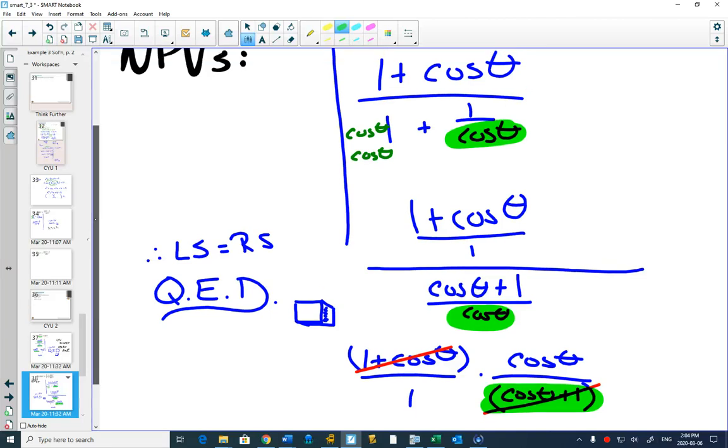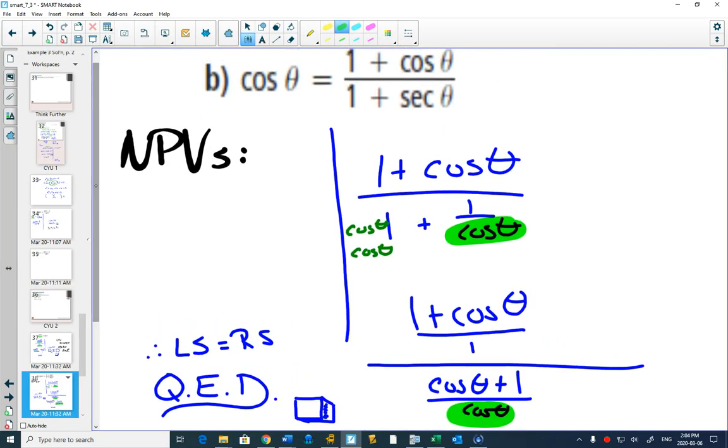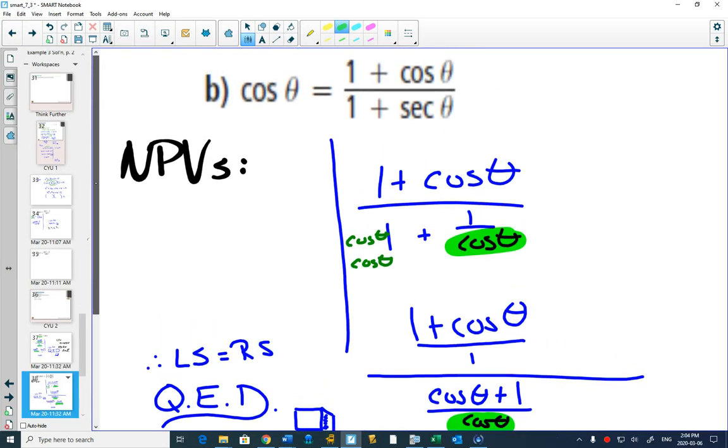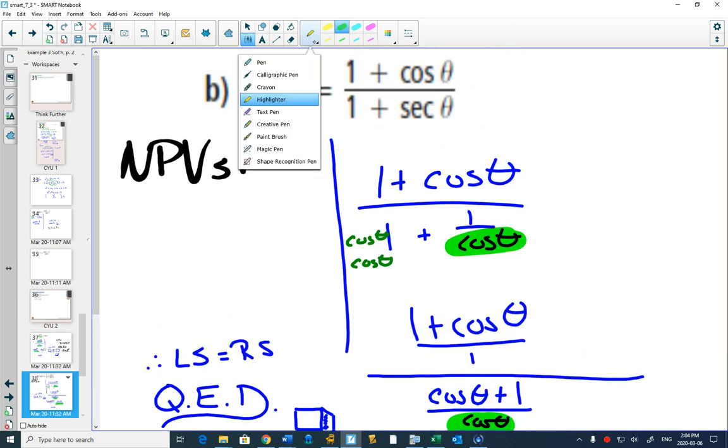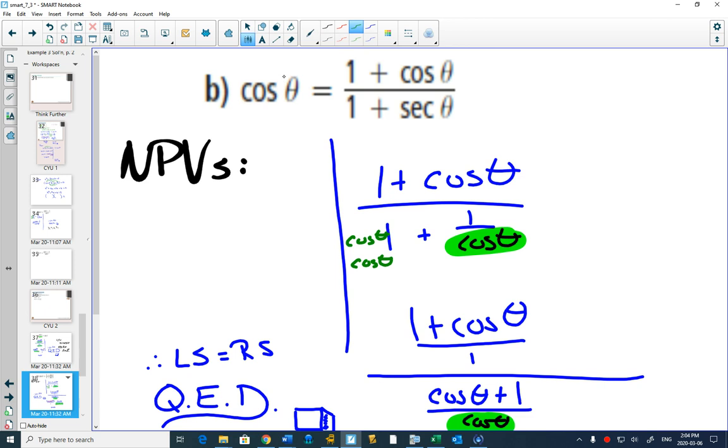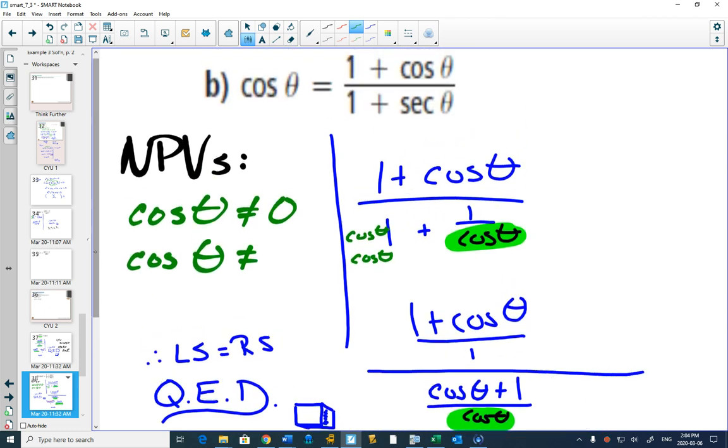Okay, so for our non-permissible values, when we look at all the places where we're dividing, we can say that cos of theta can't equal 0, and cos of theta can't equal negative 1.